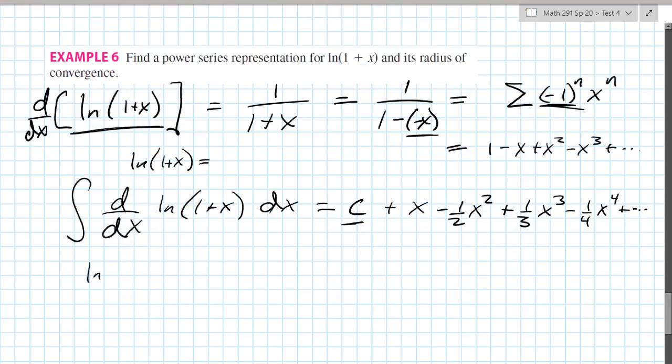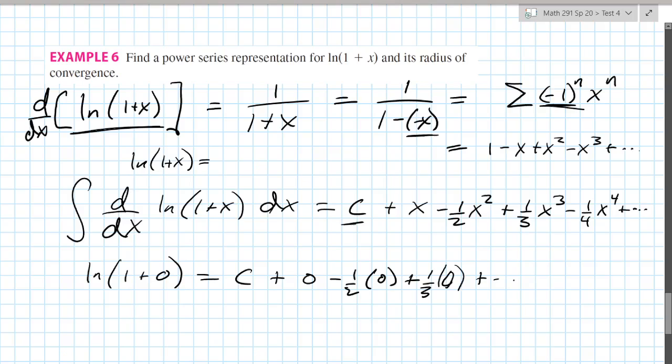I do know that the ln of 1 plus 0, so if we let x equal 0, then I have C plus 0 minus 1/2 times 0 plus 1/3 times 0, and so on. So all of these terms are 0, and ln of 1 is 0, so C is 0 as well.